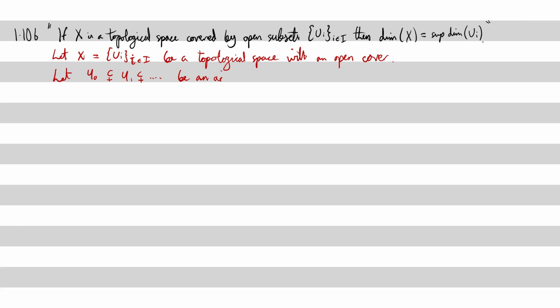Be an admissible chain. I'm sorry, I will rewrite that. Chain. Now, as the UIs cover X, we can find some index such that an element of y0 is an element of our open set.